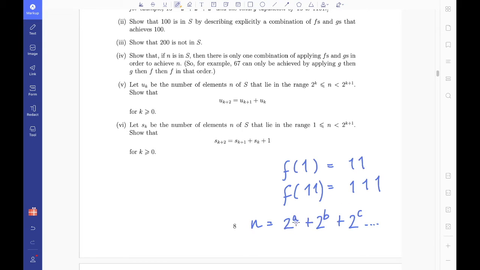If a was like 13, it means you have a 1 in the 14th place, because there's a 0th position as well.